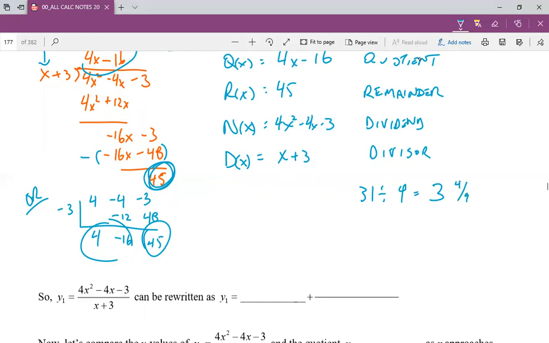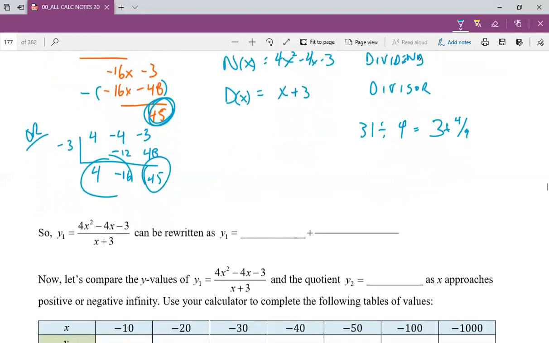So way back in elementary school, we called this 3 and 4/9 as a mixed fraction, because 3 is your quotient, 4 is your remainder, and 9 is your divisor. The same thing goes on with this. So 4x squared minus 4x minus 3 over x plus 3 can be written as 4x minus 16, there's your quotient, plus a remainder of 45 over our divisor of x plus 3.